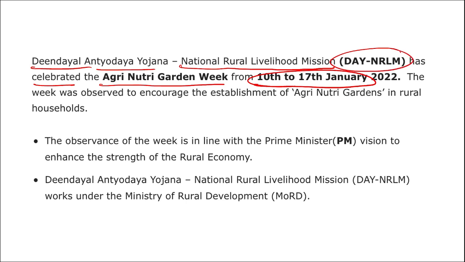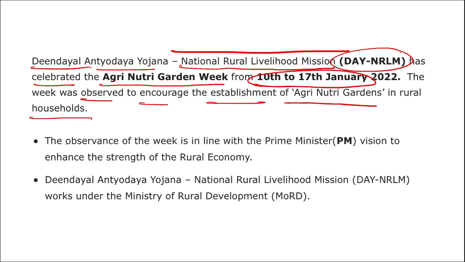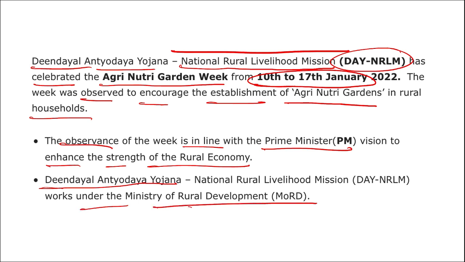We just saw this, NRLM, that is your Deen Dayal Antyodaya Yojana, that is National Rural Livelihood Mission. This week was observed to encourage the establishment of agri-nutri gardens in the rural households. The observance of the week is in line with the Prime Minister's vision to enhance the strength of the rural economy. Deen Dayal Antyodaya Yojana works under the Ministry of Rural Development. Alright, mark this important. You need to remember the date.